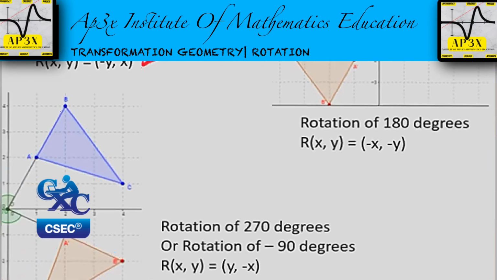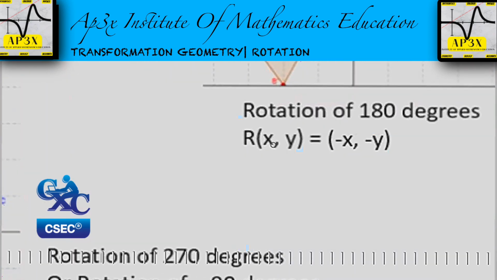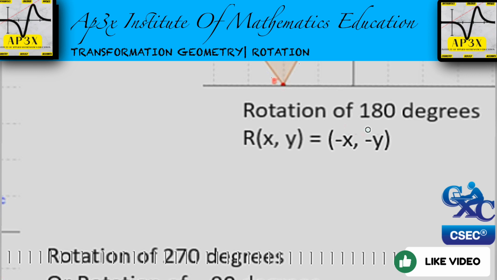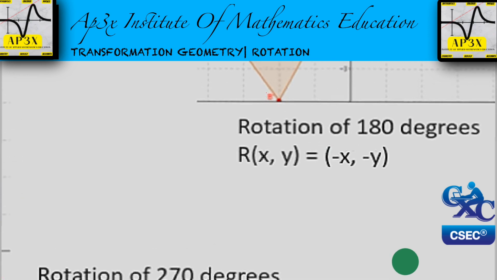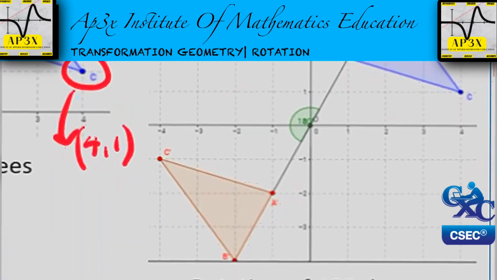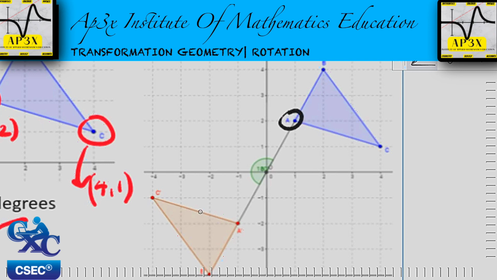Now, what you're going to find here is that if I have a point, say xy, which I want to rotate, whether anti-clockwise or clockwise, there's just a change in the signs. The position of the ordinate values will remain, but the signs of the ordinate values will change. Let us make a comparison with the points here. Let's once again compare A and A prime.